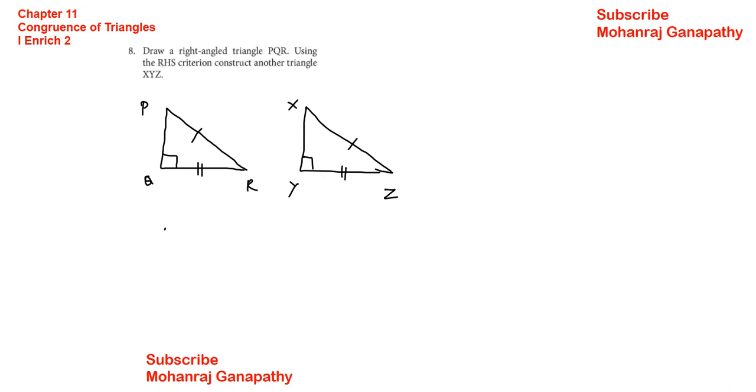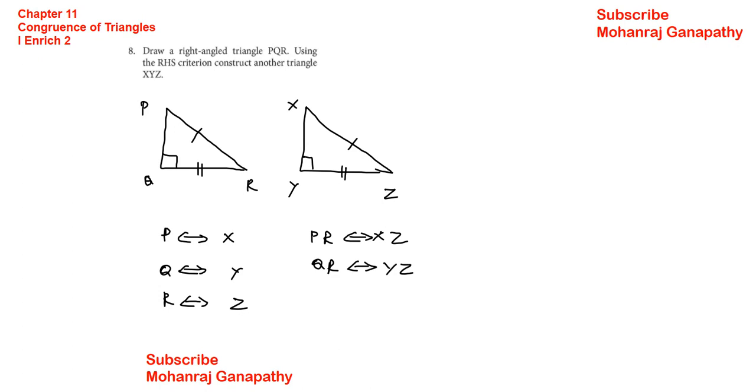P corresponds to X, Q corresponds to Y, R corresponds to Z. PR is hypotenuse, which corresponds to XZ. QR corresponds to YZ, which is a side. Angle Q corresponds to angle Y, which is a right angle.